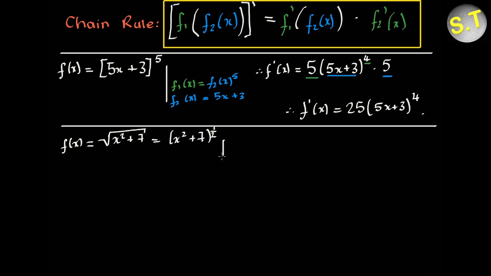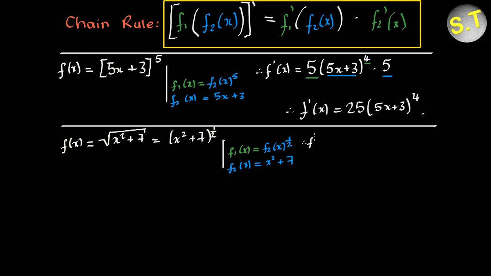So in this example, our f1 of x is given by our f2 of x to the power of 1/2. And our f2 of x is given by what's inside the bracket, x squared plus 7.